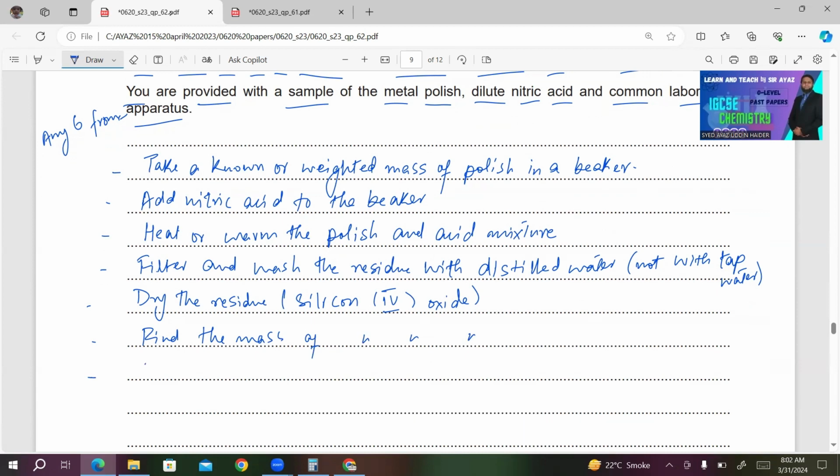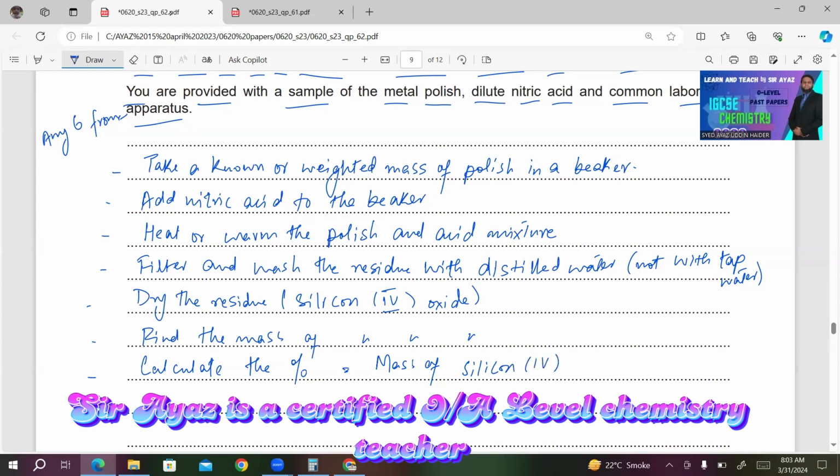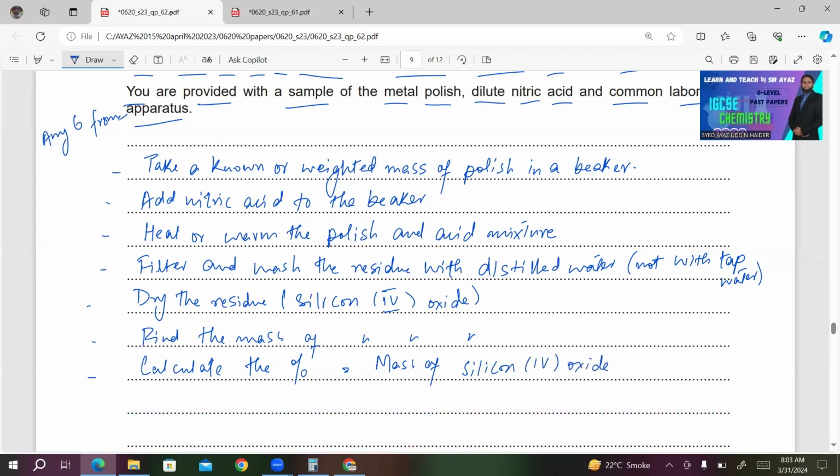Last point, you can calculate the percentage. Calculate the percentage by dividing the mass of silicon 4 oxide that you have obtained by the mass of polish, and then multiply it by 100 in order to get the percentage.